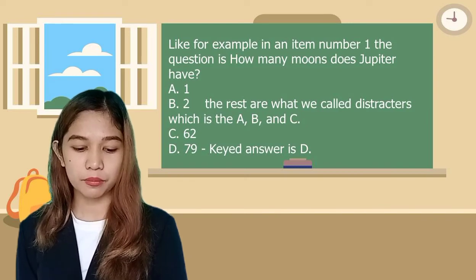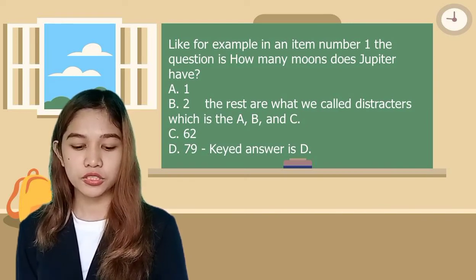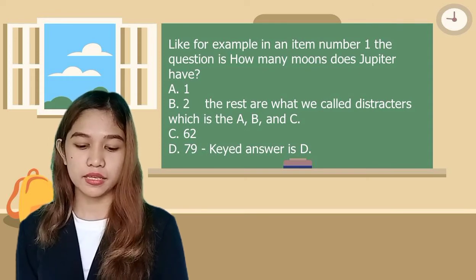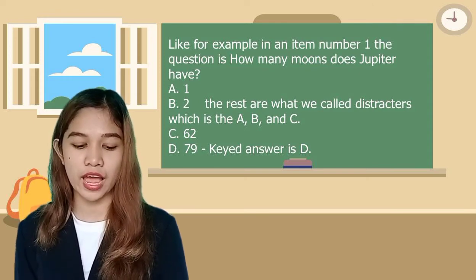And also, the aim of distractors is not to confuse the examinee but to provide a very plausible alternative which she or he may choose in preference to the keyed alternative if she or he does not know the correct answer. Like for example, in item number 1, the question is: How many moons does Jupiter have?